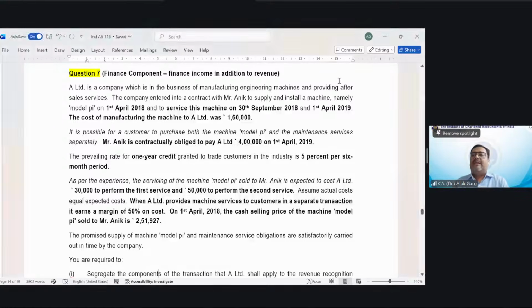A Limited is a company which is in the business of manufacturing engineering machines and providing after sales services. So first they are selling machines and they are also providing after sales services.